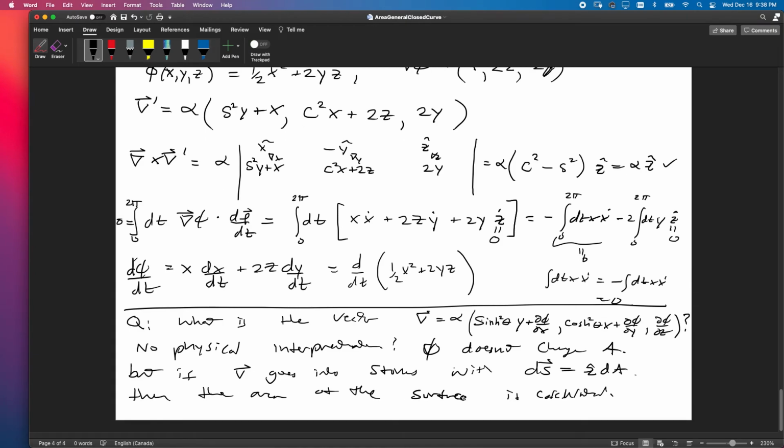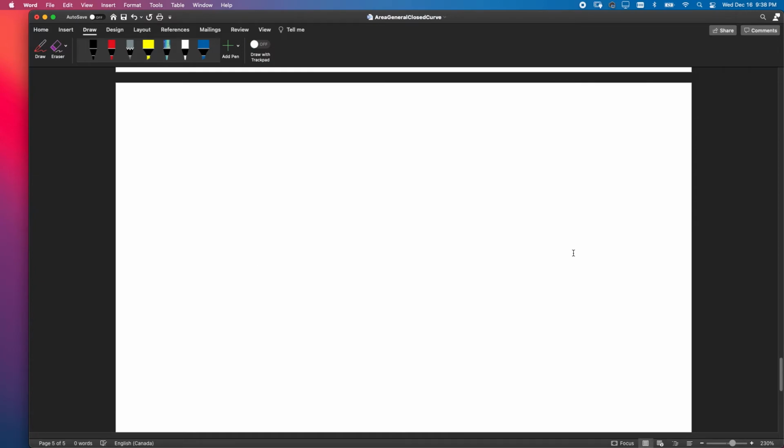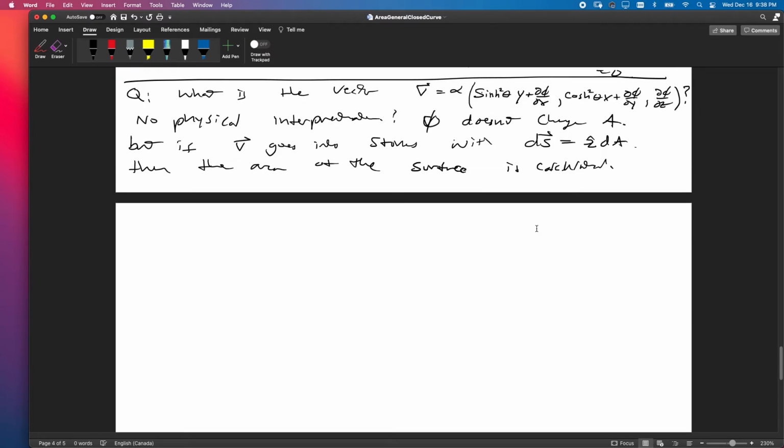Okay. One thing that's kind of interesting is that if my curve was maximally visible.